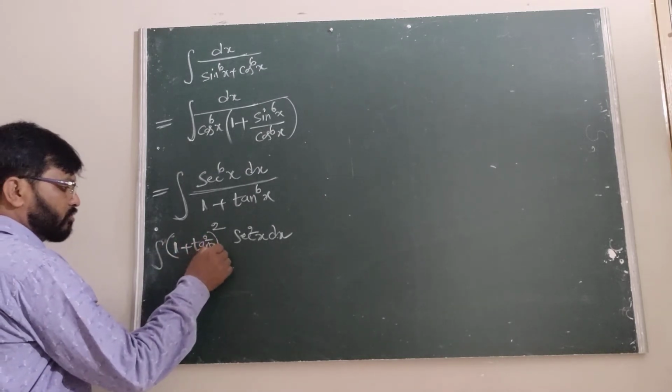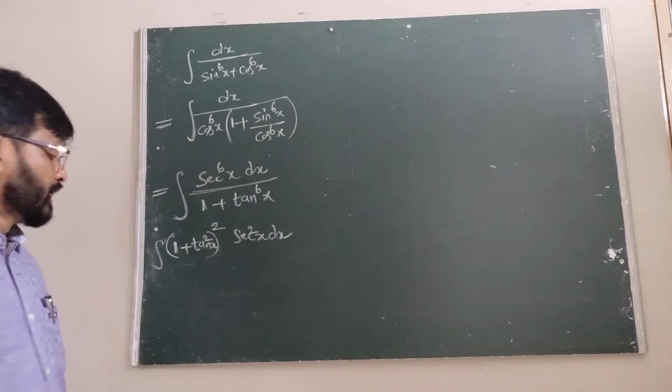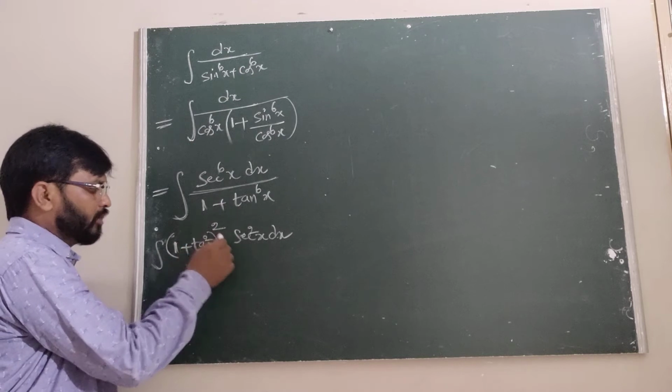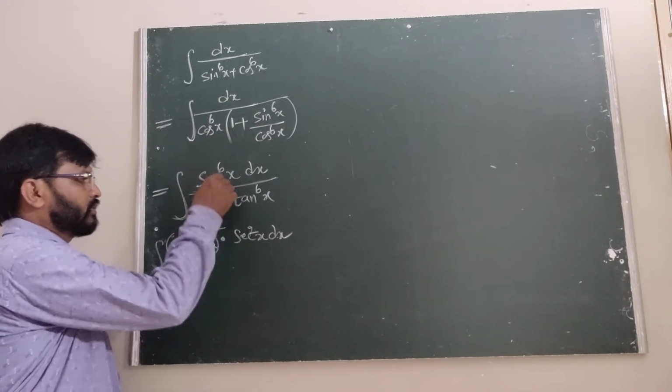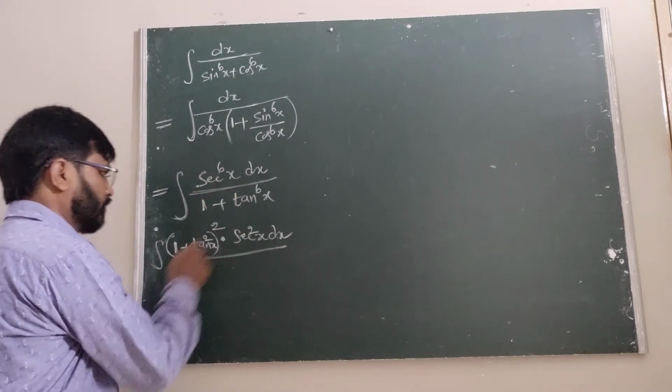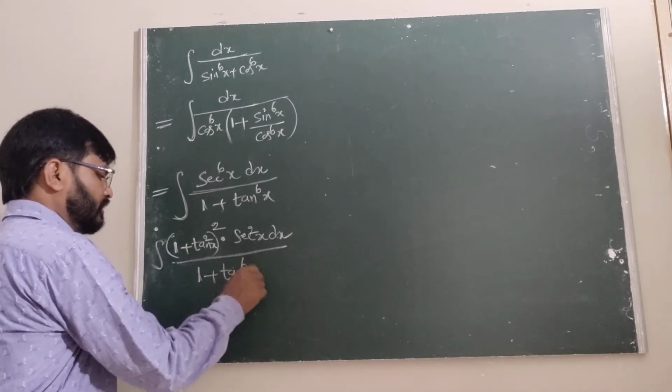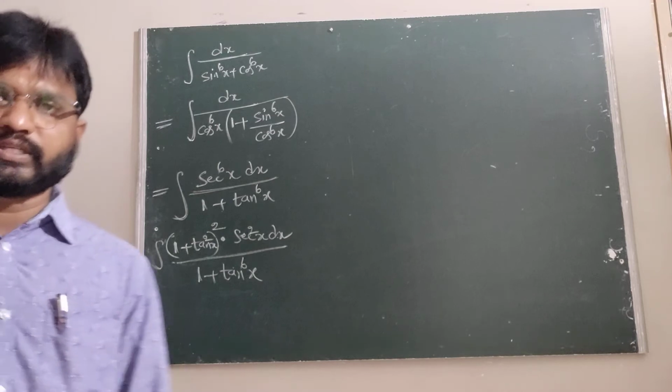Secant square whole square is secant power 4, secant power 4 into secant square is secant power 6. Therefore, this is 1 plus tan power 6x.